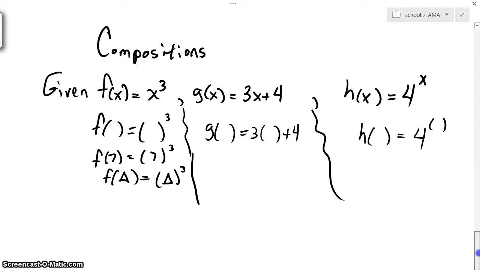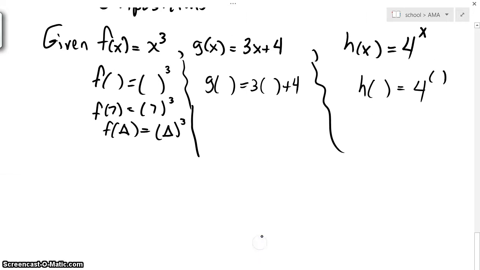Well, if that's the case, let's go ahead and just real quickly take a look at an example. Let's say we wanted to find f of g of negative 1.